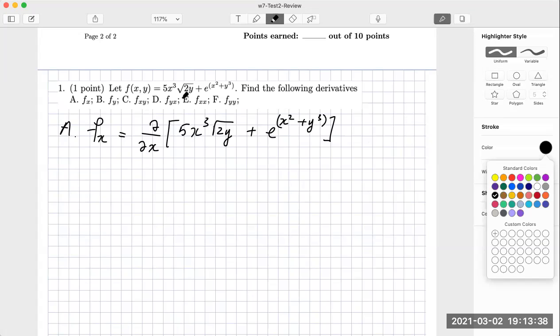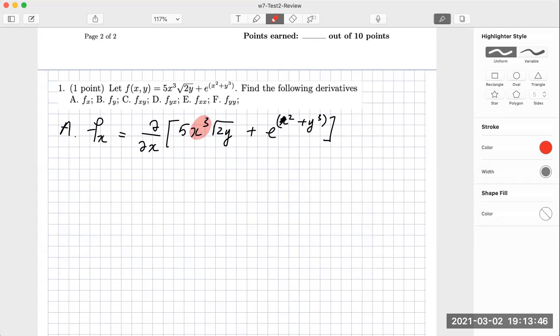So therefore, this becomes the partial derivative of this guy. These are the only variables here. The differentiation of a sum will be the sum of differentiation, and the constant we can take out of the derivative.